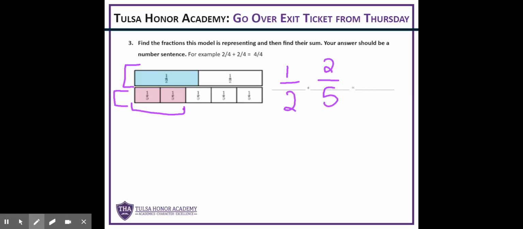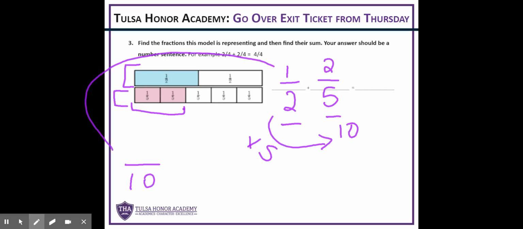Remember, when we don't have the same denominator, we need to make them the same. So 2 does not go into 5. And remember, we have to find their lowest common multiple, so I'm just going to list them out. 2 does go into 10, so to get 2 into 10, we multiply by 5. So our new number sentence is going to say, so we want to get this one to 5, so we're over 10, and so we need to multiply this one by 5, because we multiplied the denominator by 5 to get this 10.